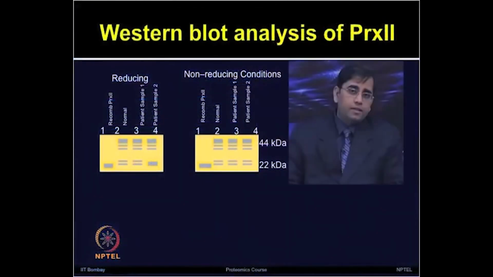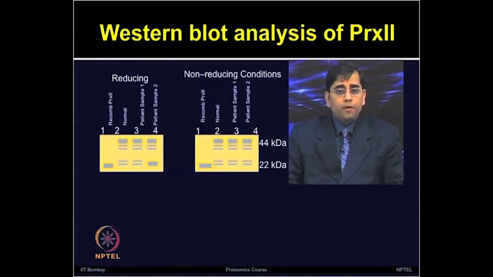These results demonstrated that PRX2 can be present in the monomeric or dimeric form. So, they performed the Western blot in both reducing and non-reducing conditions, as you can see in the slide, and loaded different samples including recombinant peroxiredoxin, normal or healthy individual, patient sample 1 and patient sample 2.